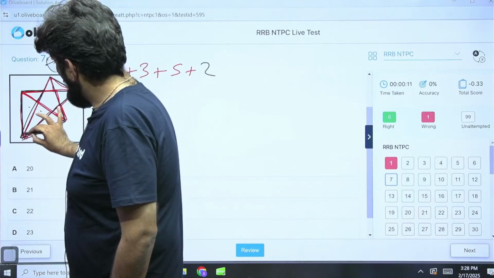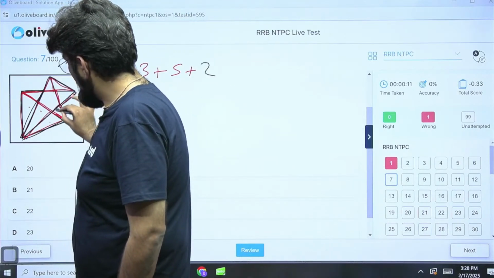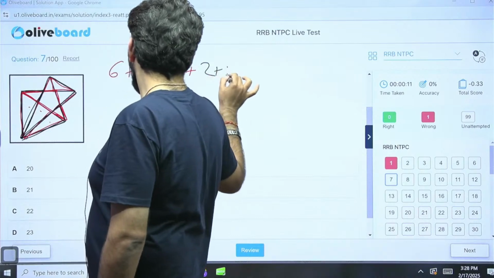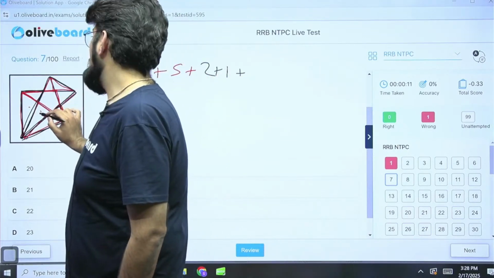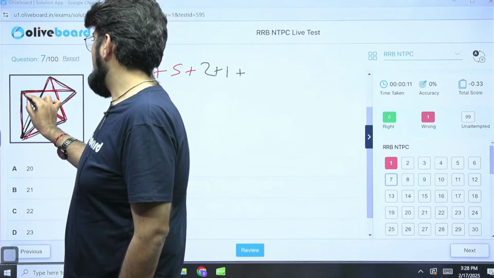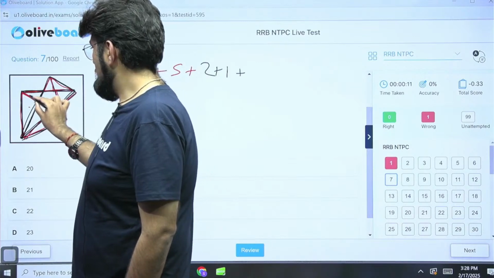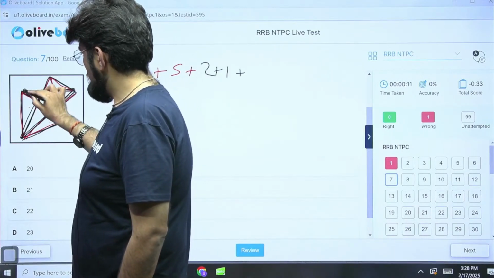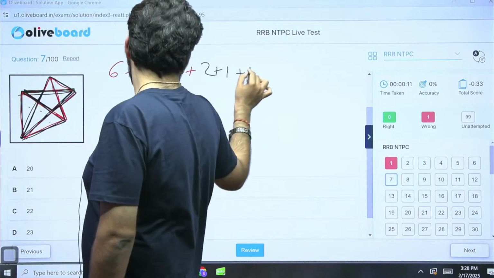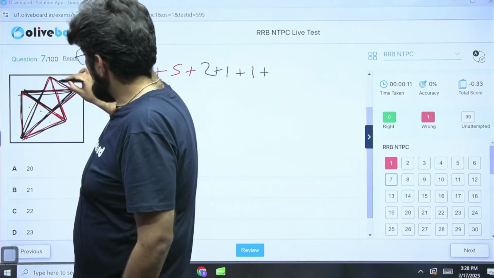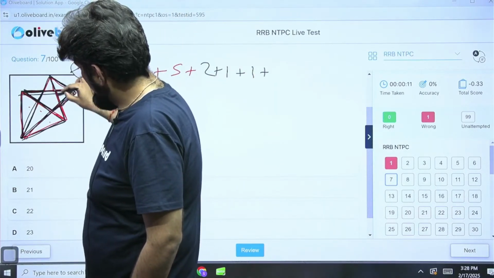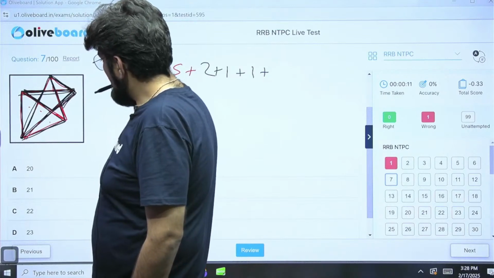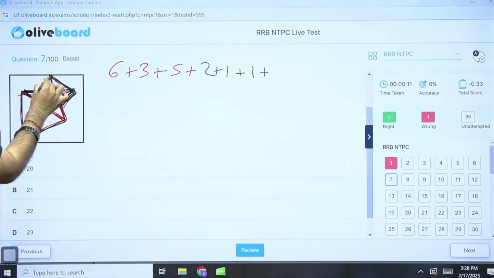We have this whole triangle here in the middle which was not counted, so we have 1 more again. Then if you look at this carefully, we have a triangle here, this one which was not counted, and a triangle here. Okay, this was counted, so we have this one triangle here which was not counted. Then we have a triangle here which was not counted, this complete one, right? We have this large triangle which was not counted.